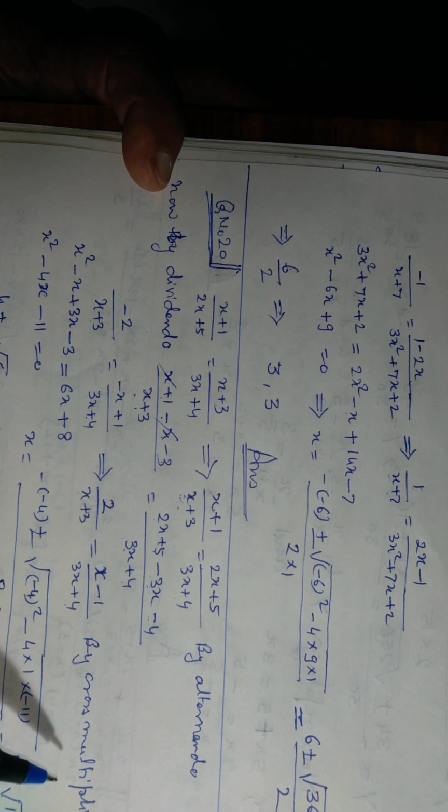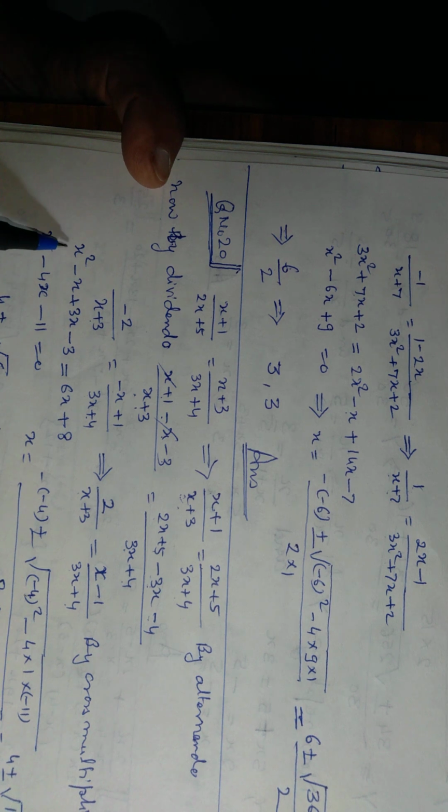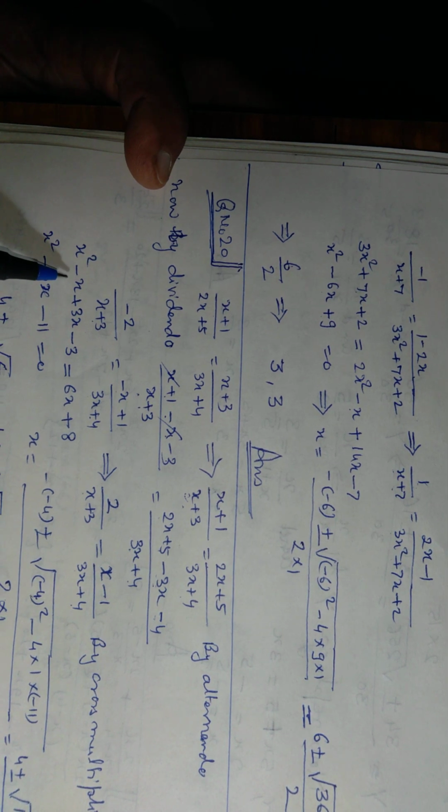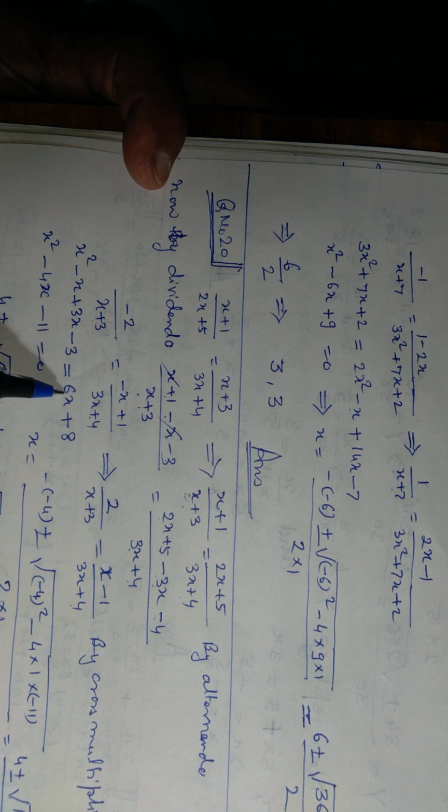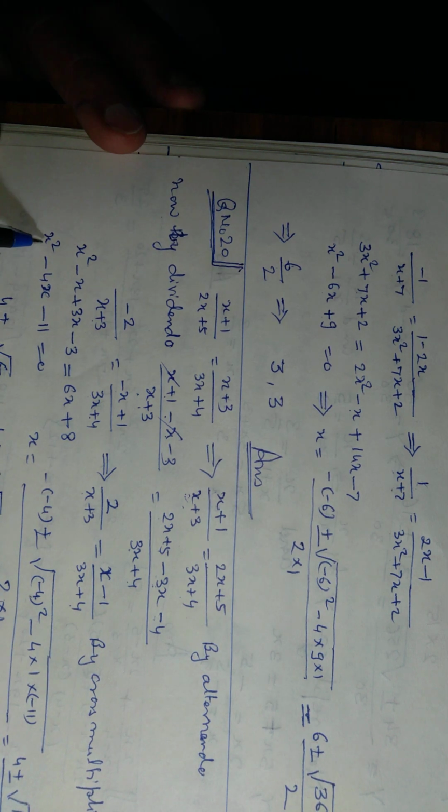By cross multiplication we get now x square minus x plus 3x minus 3 equal to 6x plus 8. It will be again solved: x square minus 4x minus 11 equal to 0.